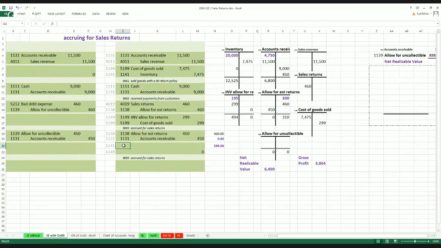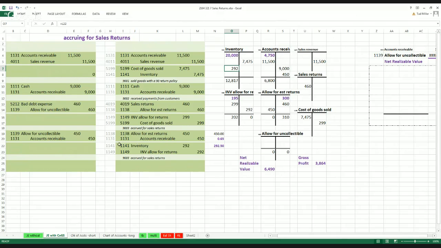Now for the inventory, when Joe returns the goods, what's 450 times 0.65? 292. I don't want to play with pennies here, so please forgive me. I'm just going to put 292 there. But notice when Joe actually returns the goods, we can stick it in inventory.